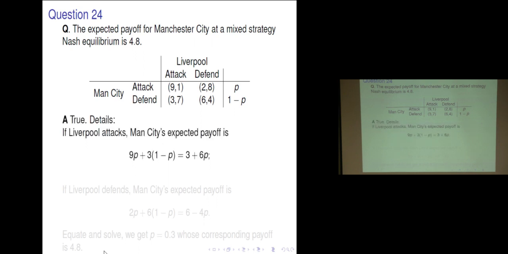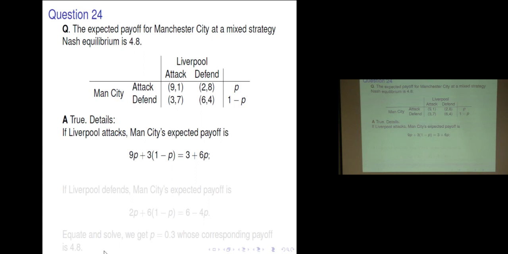So from Man City's point of view, he is going to analyze what happens with Liverpool, right? If Liverpool attacks, we look at the first column.